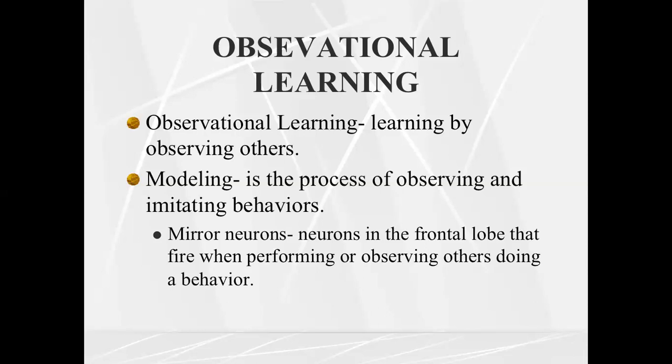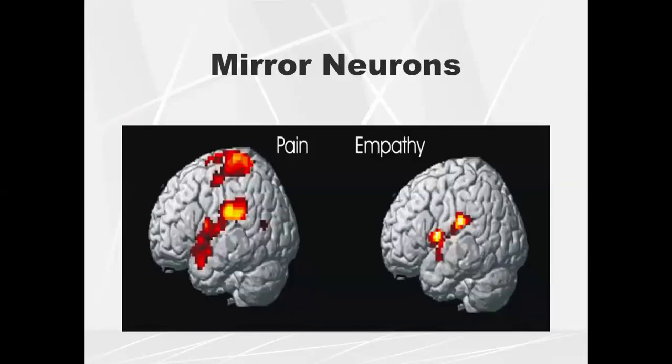So you'll see these three terms linked to observational learning. Now, if we were to look at mirror neurons firing, we can see reaction to pain and empathy as it relates to observing other people in pain or expressing empathy or emulating it as well.